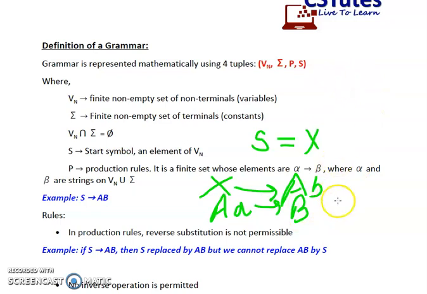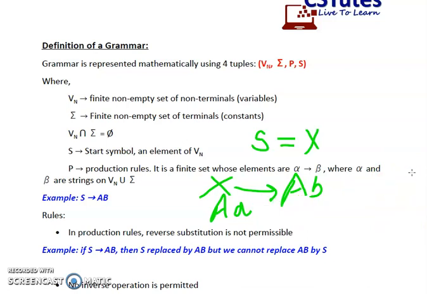We can also have something like this: aB tends to, let's say, bC. So it means that on the left hand side also we have a combination of terminals and non-terminals, and on the right hand side also we have a combination of terminals and non-terminals.